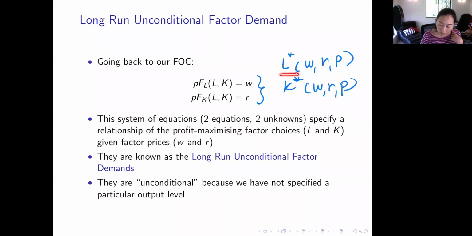So L as a function of W is going to be the demand function, right? It shows how much demand for labor responds to a change in the price of labor. And this would be the demand for capital, how much K changes in response to a change in the price of capital, or R. And this is called the long-run unconditional factor demand, unconditional because we have not specified a particular output level.